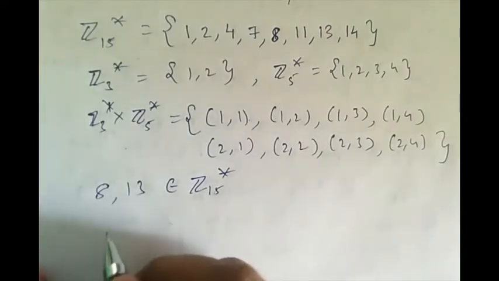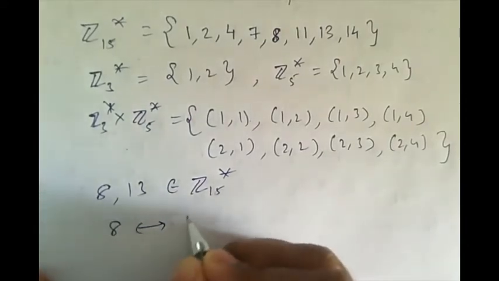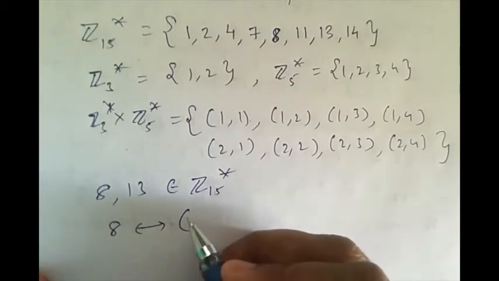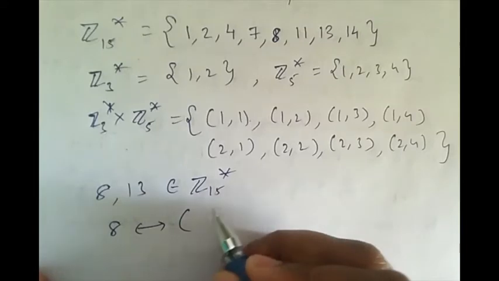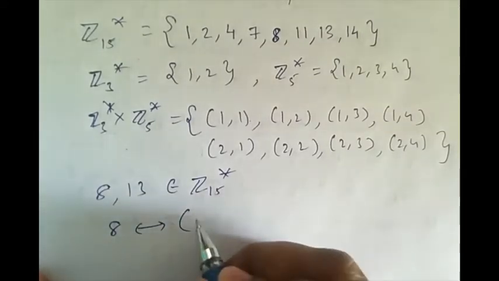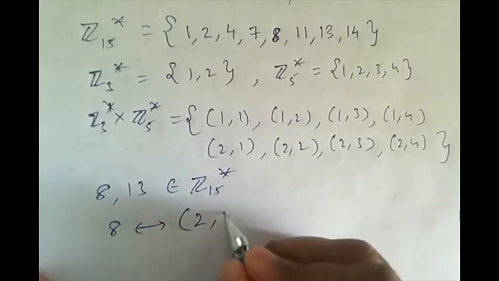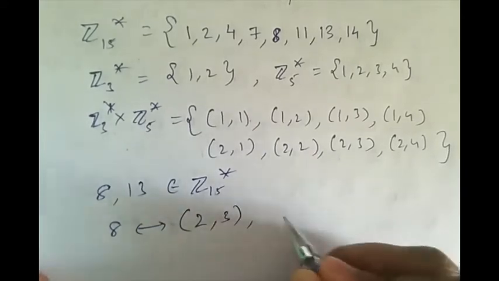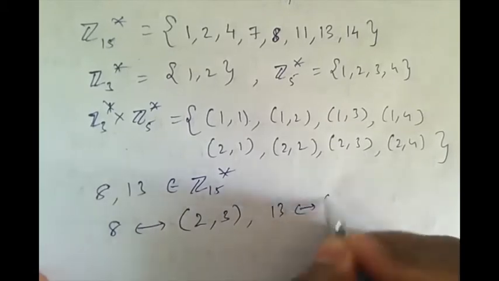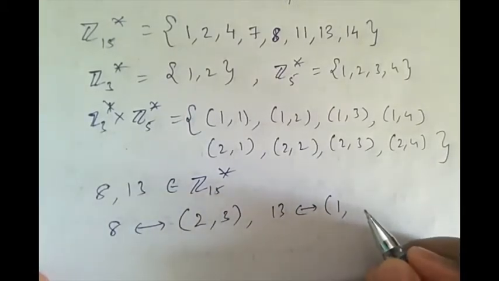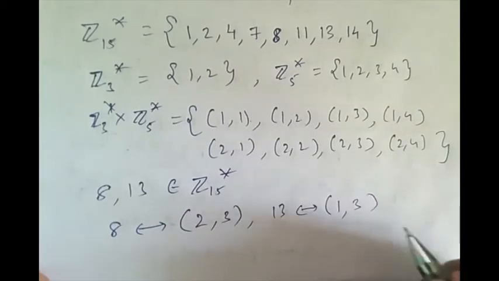The mapping is the same mapping as the previous case, modulo 3 and modulo 5. So 8 mod 3 is 2, and 8 mod 5 is 3. 13 is mapped to 13 mod 3 is 1, and 13 mod 5 is 3.